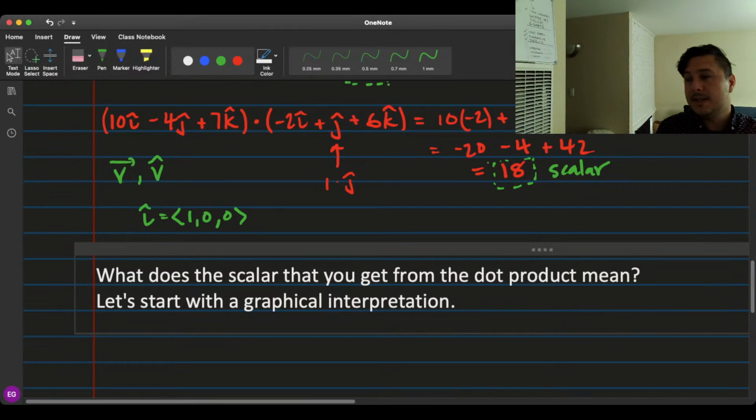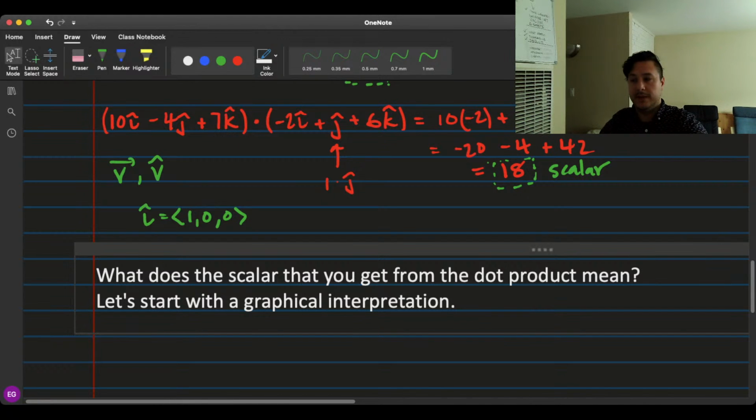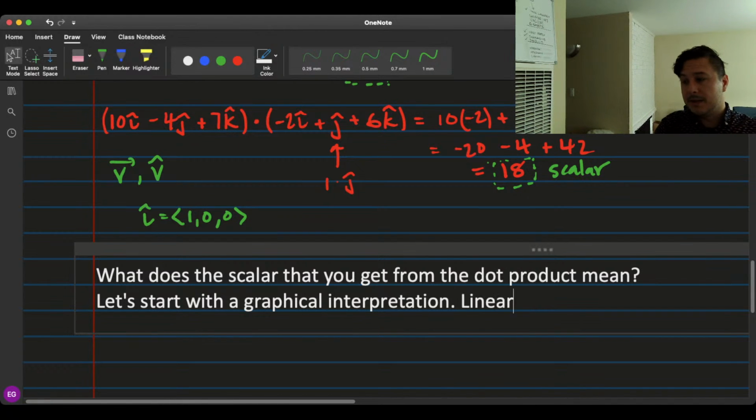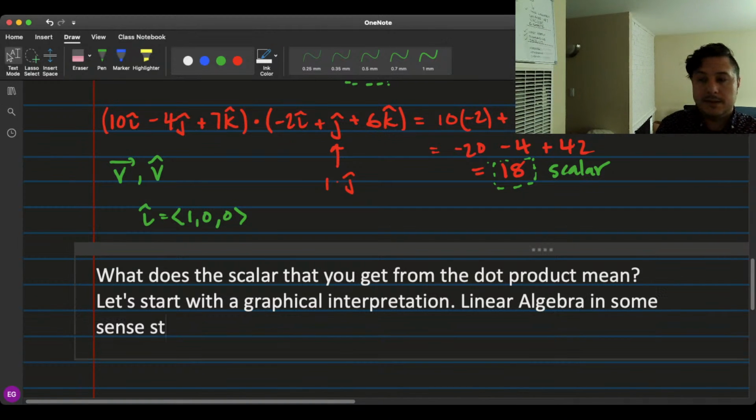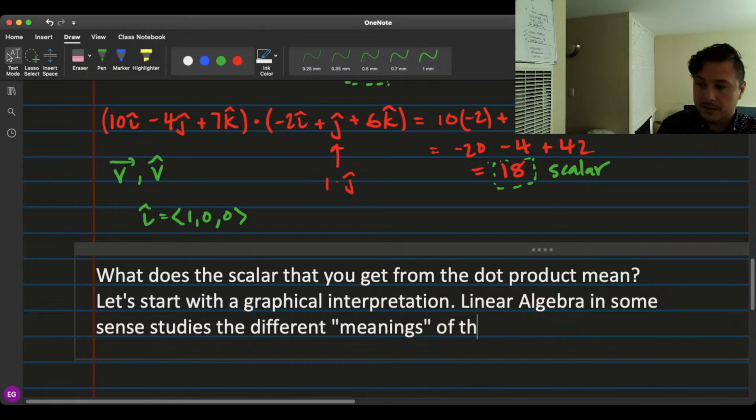There are many ways to interpret what the scalar you get from the dot product means, but for us, we're really interested in the graphical representation of it. Linear algebra, in some sense, studies the different meanings of the scalar.